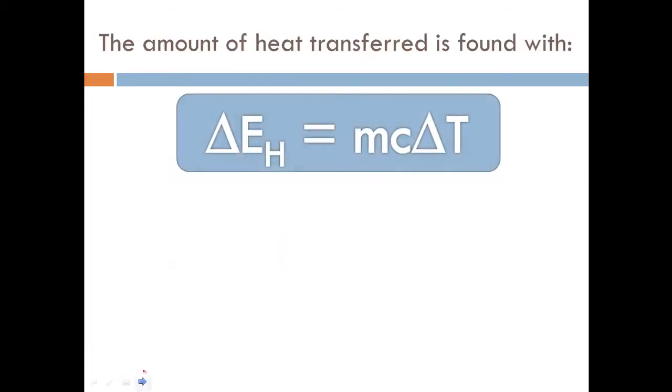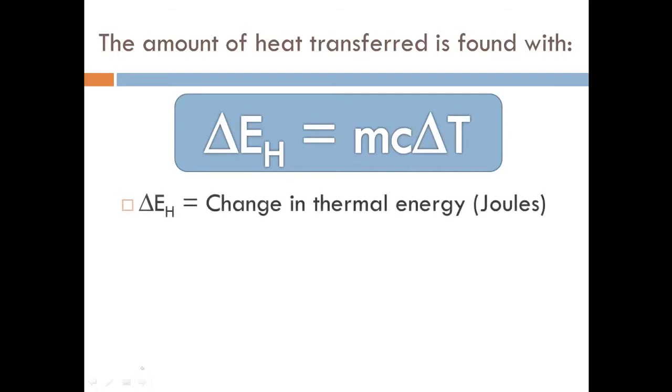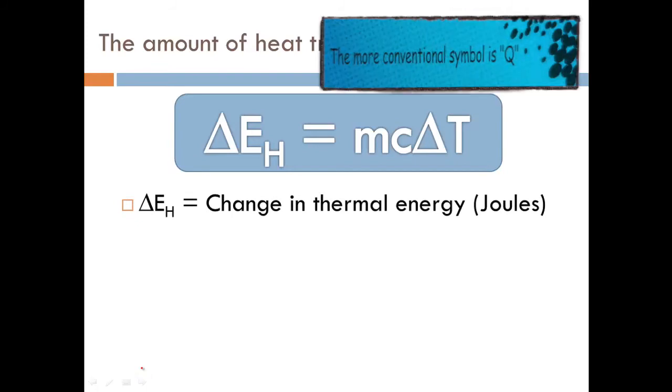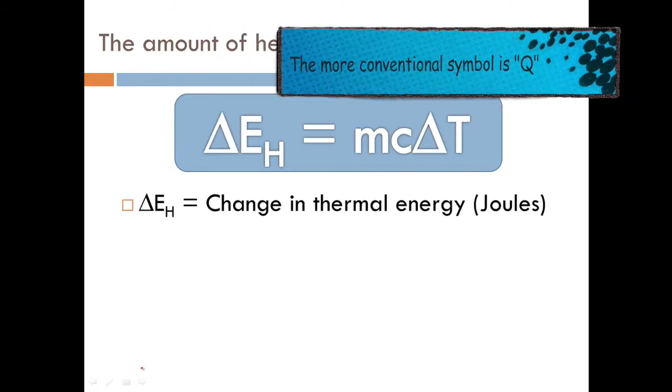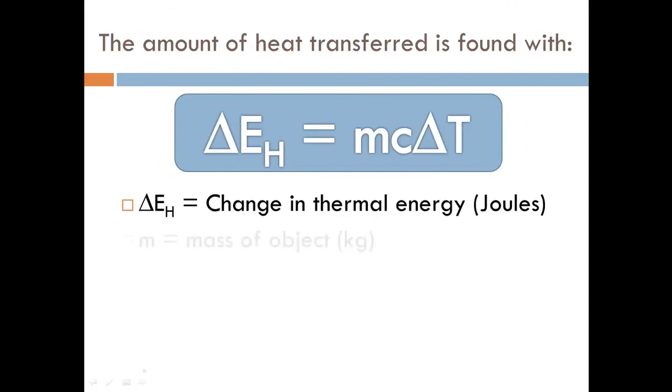So if we take a look at the amount of heat transferred, we can use some pretty fancy physics to deal with this, and it's this equation right here, that our change in heat energy, or just heat, is equal to mc delta T. And in this case, delta E sub H is again the change in thermal energy, which is also known as heat.